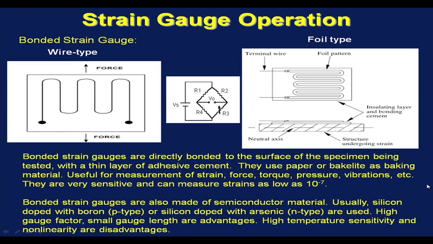It should be BACKING. The bonded strain gauges are useful for measurement of strain, force, torque, pressure, vibrations, etc. They are very sensitive and can measure strains as low as 10 to the power minus 7.